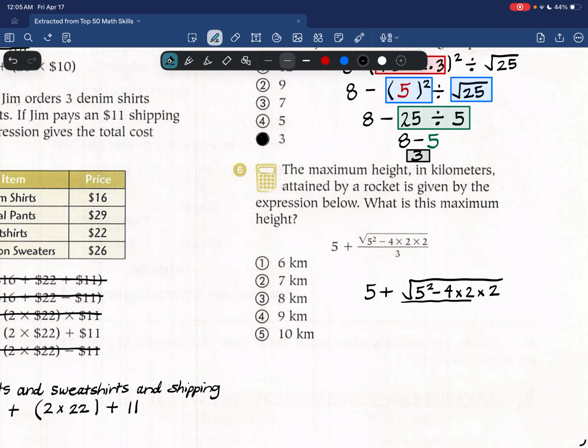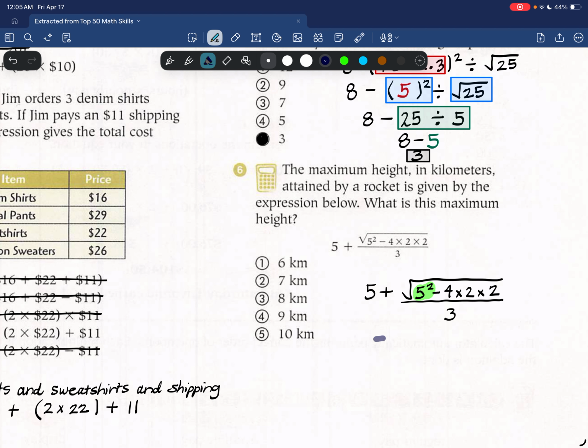And then all of this is on top of a 3. Now you can type this directly into your calculator if you want. No problem at all. All right, so I'm not going to do that because I'll make a mistake typing it in. First thing, I don't have any parentheses, but I do have an exponent there.